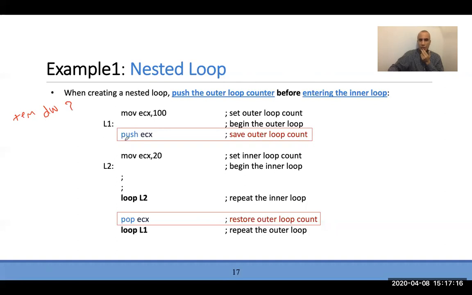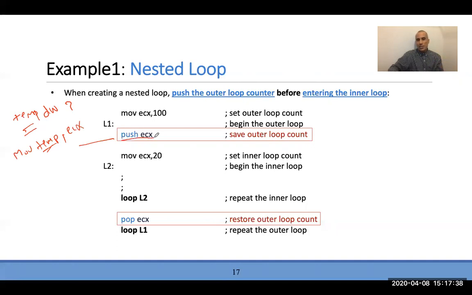And what we did back then was move temp, ECX. So we used temp as a variable in the data to hold the value of the ECX. We don't need to do that anymore because we know the stack now.